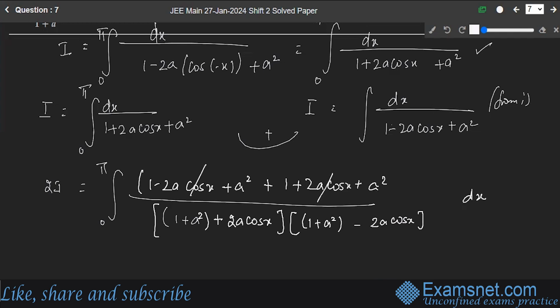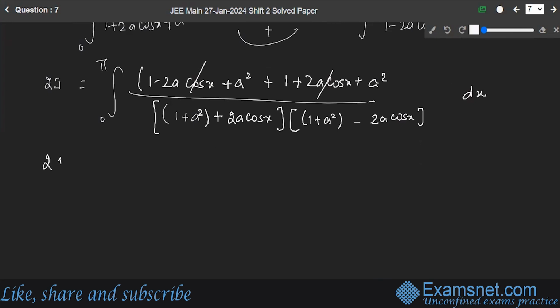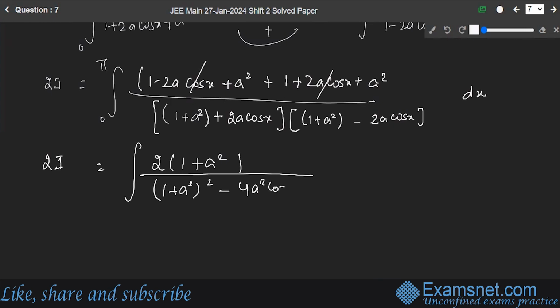These two things will cancel out and you will have 2I is equal to integral of 1 plus a square upon this will be 1 plus a square whole square minus 4a square cos square x dx. This 2, I'll take it outside. Now, what I'll do, I'll divide numerator and the denominator by cos square x.